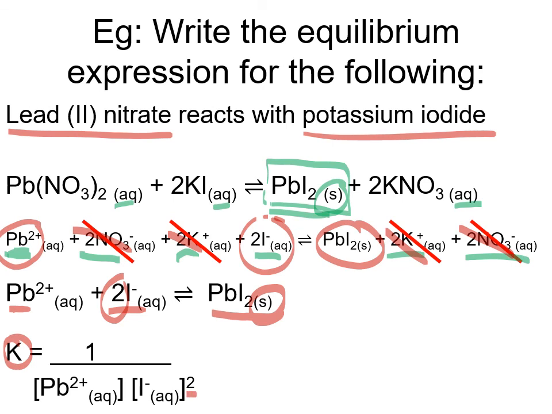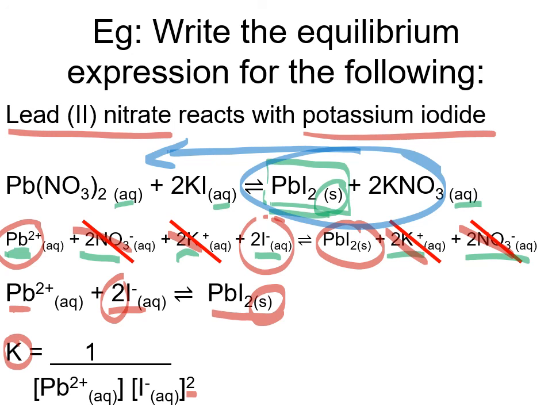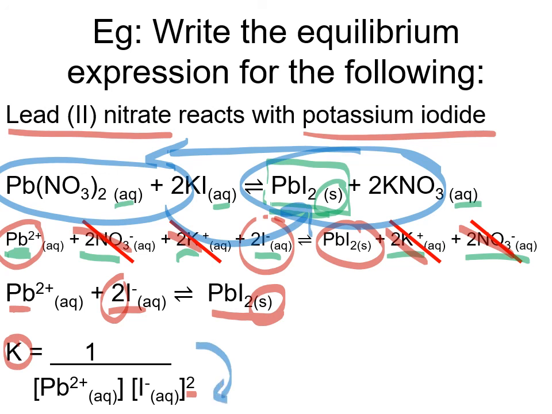Now, if you don't like fractions, which I don't think anyone does, we could reverse this reaction and write it the other way. And we could say, okay, if we're going to put these guys on the left-hand side, the products, we could write them as reactants, and write the reactants as if they were products, then we would have the reciprocal value for the K expression.